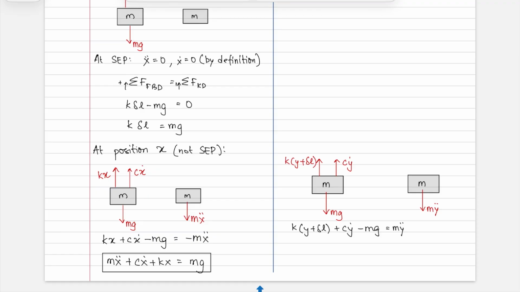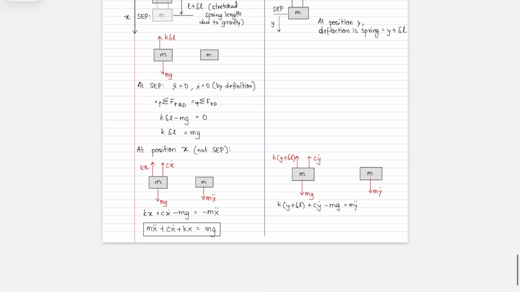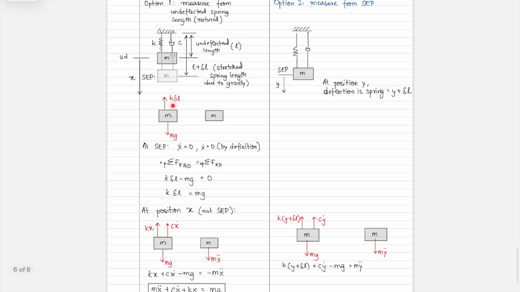What do we notice here? We had that k delta L minus mg is equal to 0. That delta L is independent of the coordinate, right? It's just a system property describing where it comes to rest from its undeflected position.